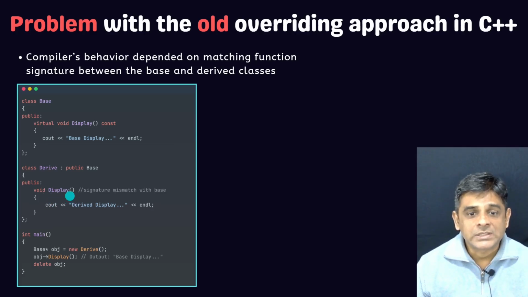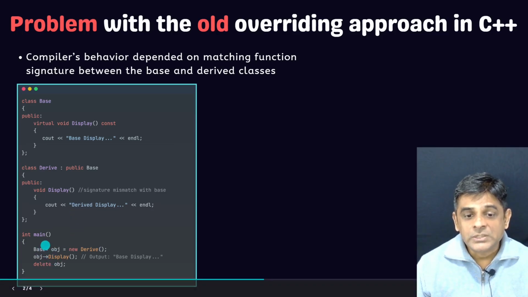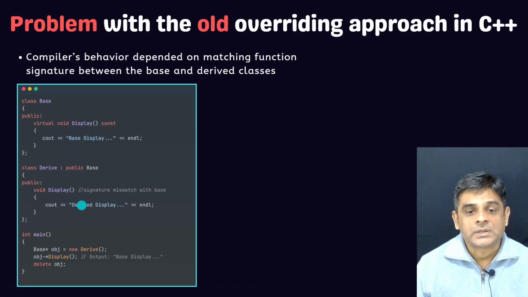It is not considering it as an overriding method. So when we execute this in main using a base class pointer, I am creating a base class pointer, creating an object of the derived class and calling display. It will call the base class method.